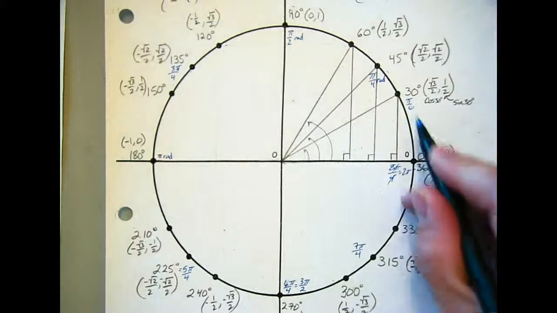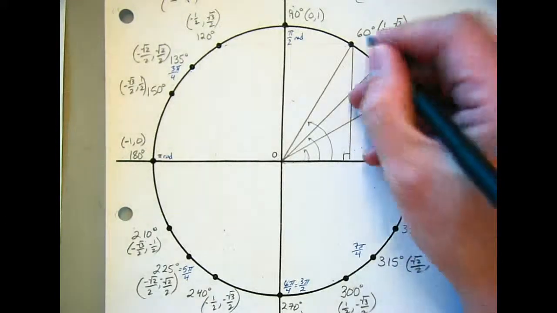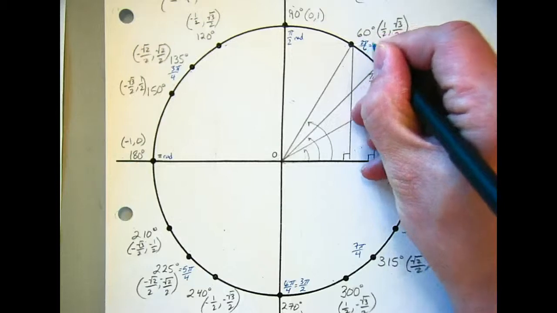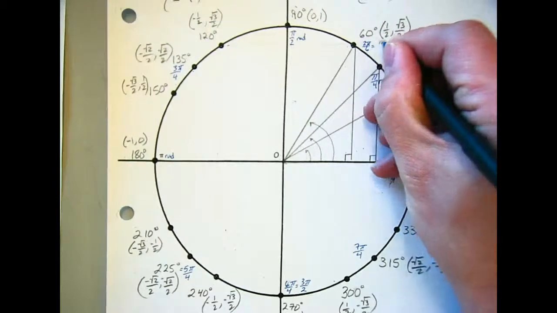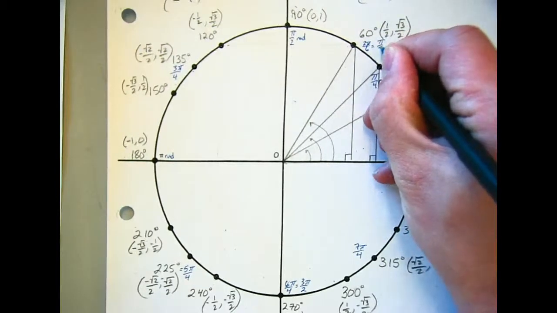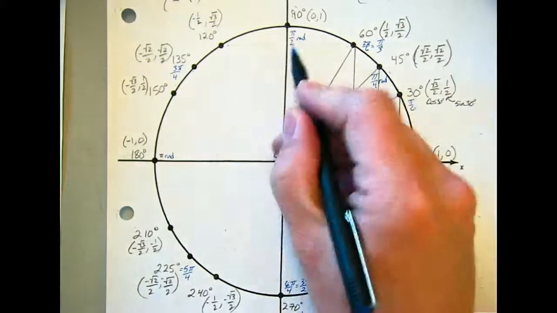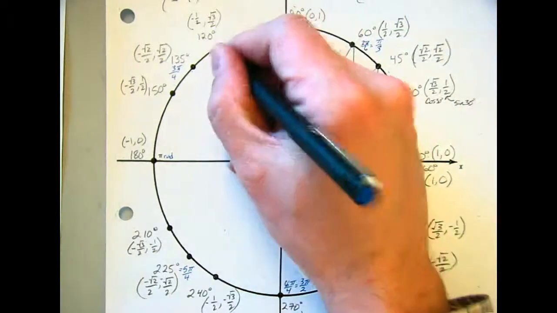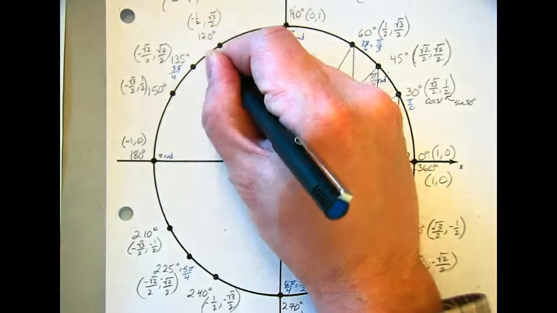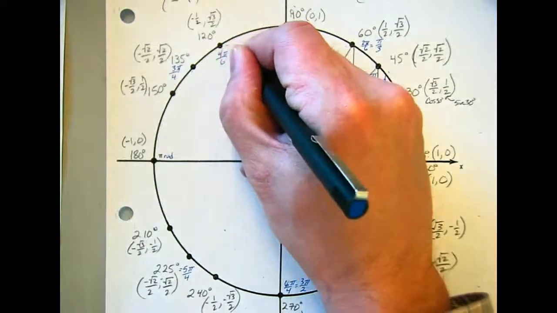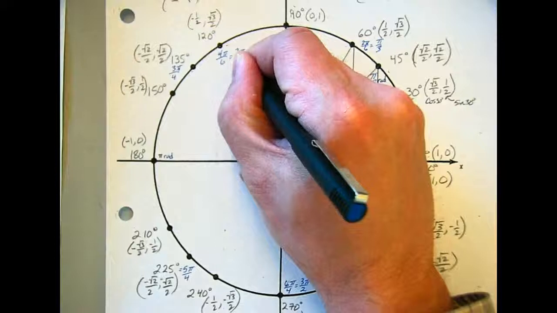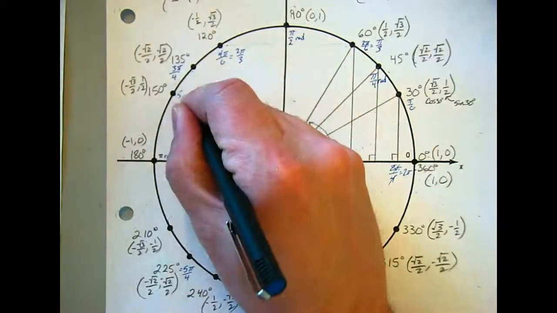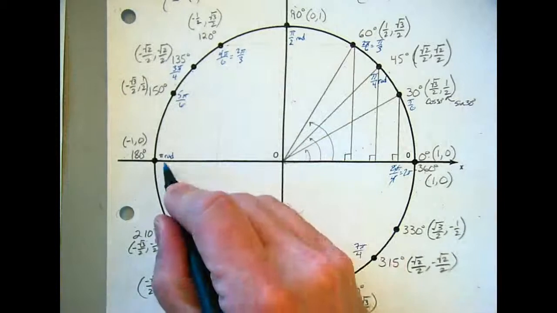So 0 pi over 6, 1 pi over 6. 60 is 2 pi over 6, or pi over 3. 3 pi over 6, which is pi over 2. 4 pi over 6, which is 2 pi over 3. 5 pi over 6. And 6 pi over 6, or pi.